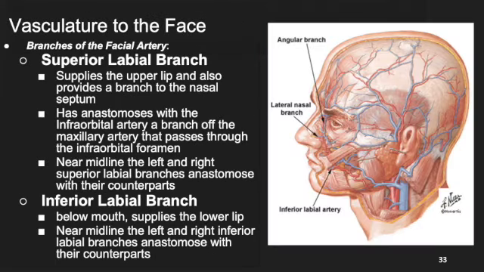Now, looking at the vasculature to the face, we're going to have branches off the facial artery. This is kind of where we left things last semester. The facial artery is going to have a superior labial branch. It's going to go to the top of the lips, and it's going to have an inferior labial branch, which is going to go to the lower lip. So just understand when we talk about how blood gets to the upper and lower lip, those are both going to be branches off the facial artery.